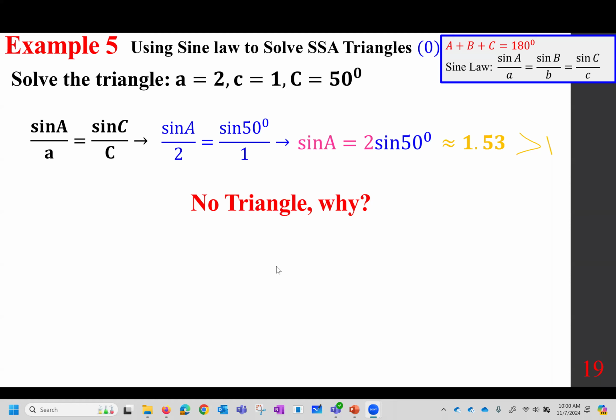So there is no solution, and it looks like that. A is 2, C is 1, too small to reach the other side when we choose the angle of 50 degrees. So no solutions.